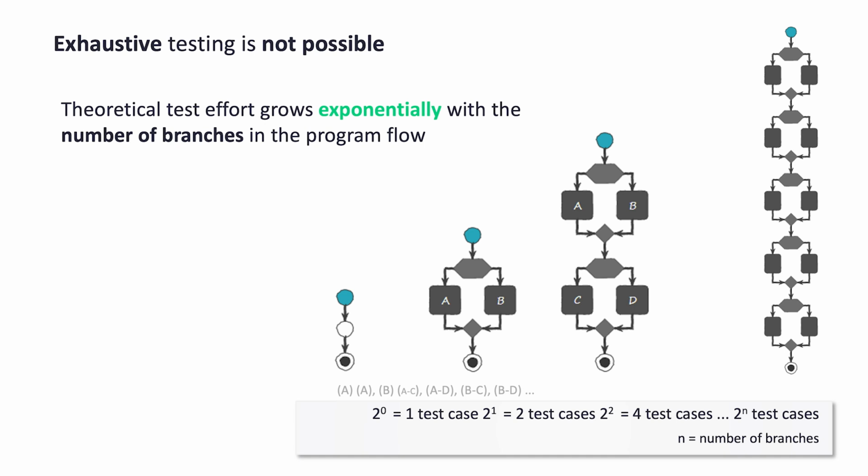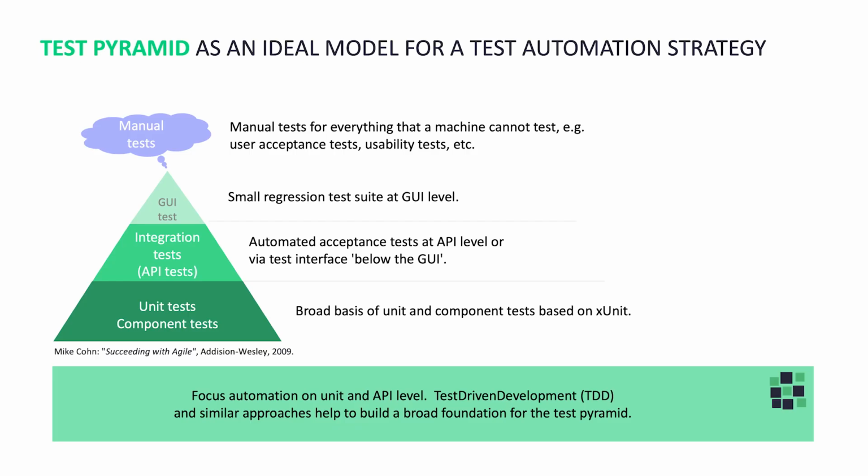This divide and conquer principle is one reason for the efficiency of the test pyramid, which I would like to discuss briefly below. The test pyramid is a model for designing a test automation strategy, i.e., the question of how to use automated tests in a project. Unit and component tests form the basis and foundation of the test pyramid. They are typically created by the developers during development and cover the functionality of the developed classes and methods in detail.